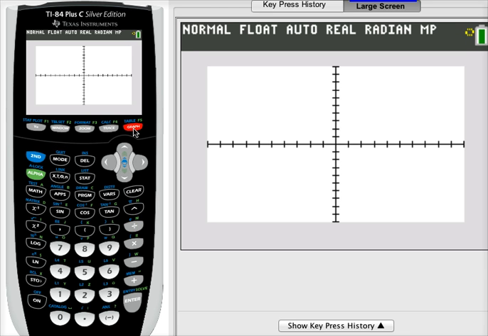And we're going to graph this. All right, so here is our graph.